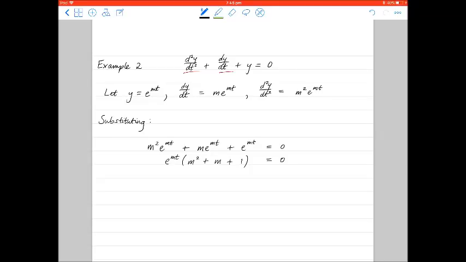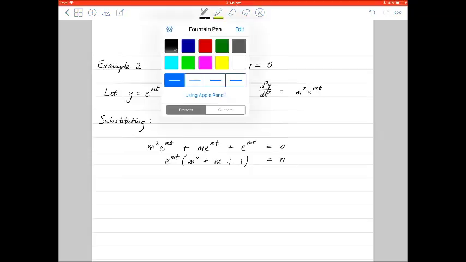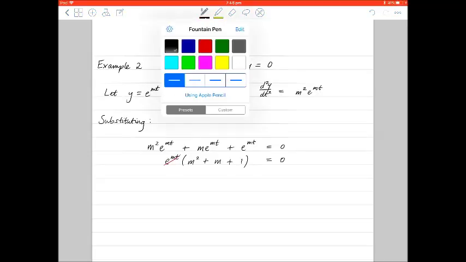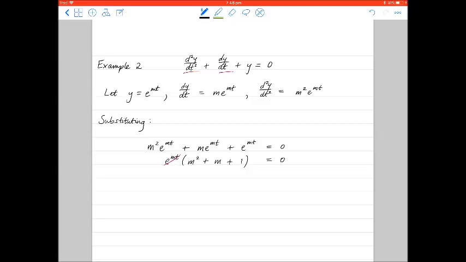The exponential function is never equal to 0, so I can divide through by e^(mt), which effectively removes the exponential. So what I want to solve is m² + m + 1 = 0.